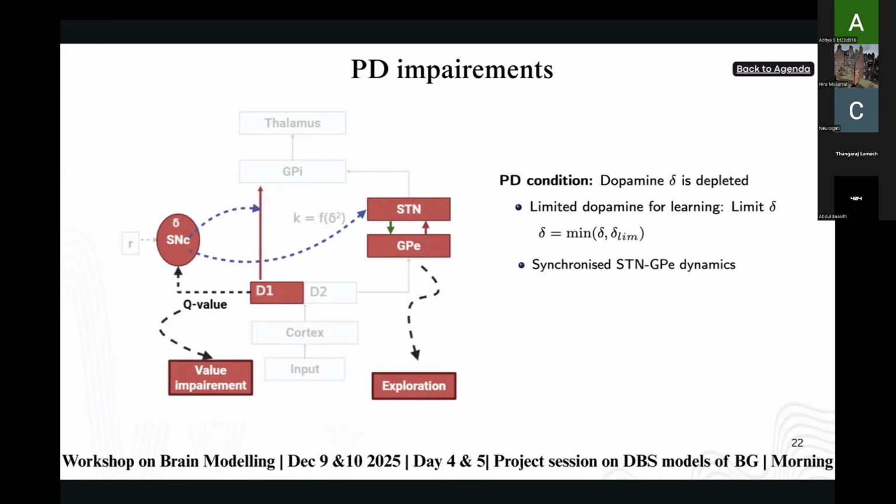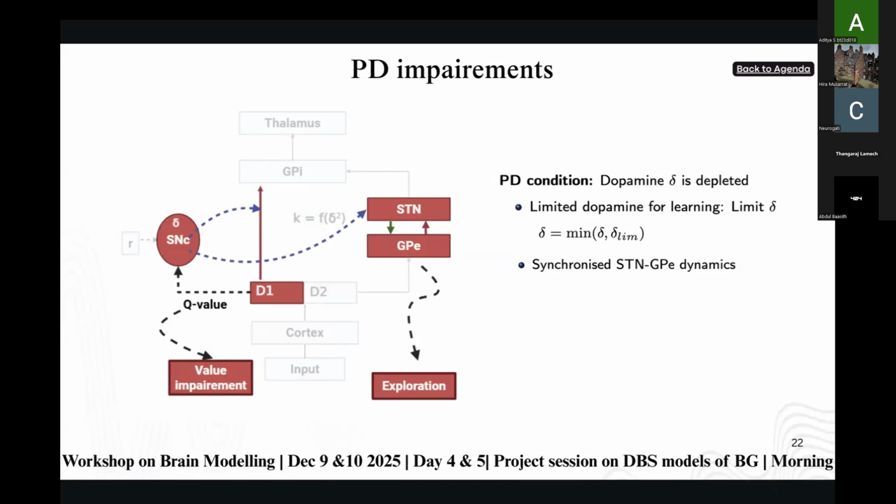Your value estimations will not really be correct, so they also show value impairments. But for today's session, we will restrict ourselves to exploration deficits. We won't discuss value impairment in detail, though the code can still simulate it. We are only focusing right now on exploration deficits. Is that okay?